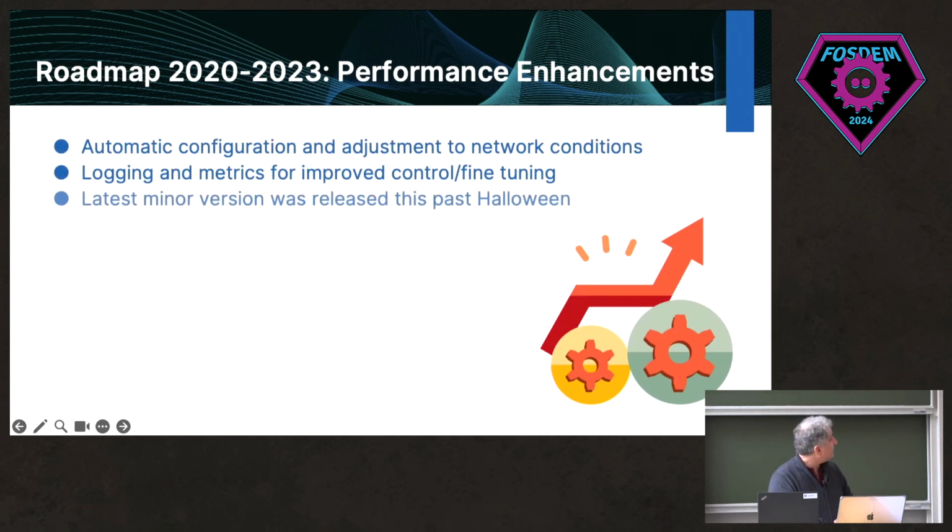So, performance enhancements over the last few years. We now have the ability to automatically configure based on the network conditions. The LibRIST library does an RTT with a new packet that was released, the echo packet, 10 times per second. What that does, it lets us measure with a UDP ping, not a regular ping, the network conditions between the two endpoints. We know the inter-packet spacing, the variance, min and max, we know the latency, we know all these things.